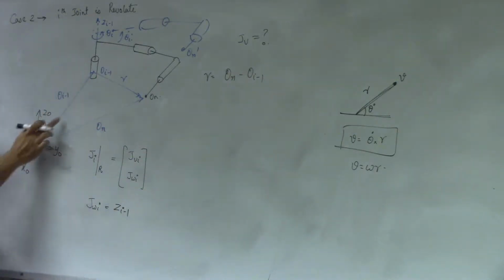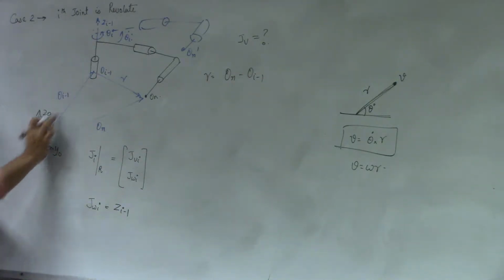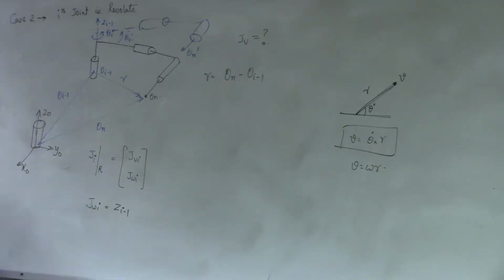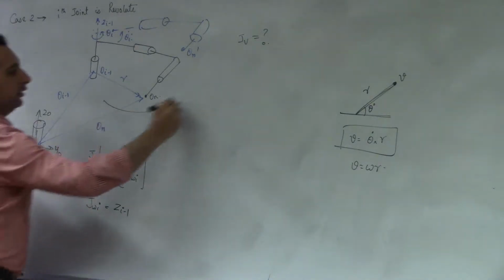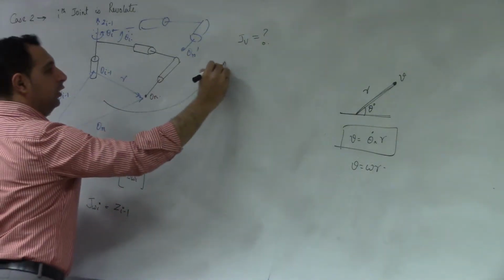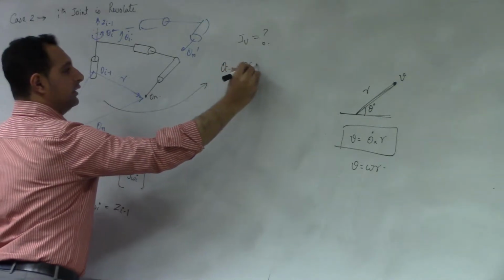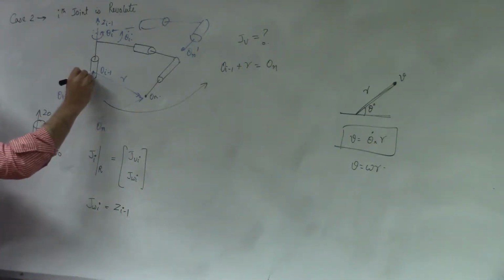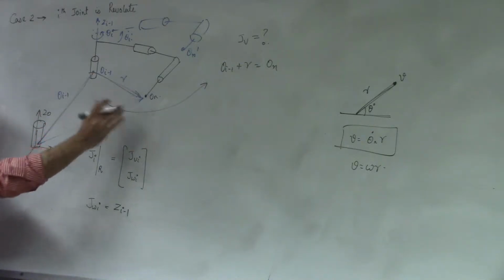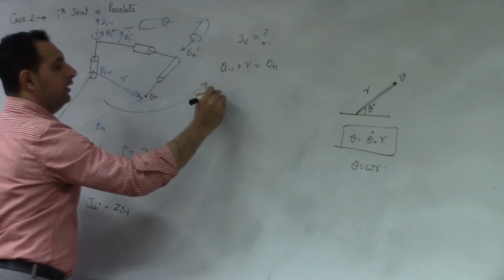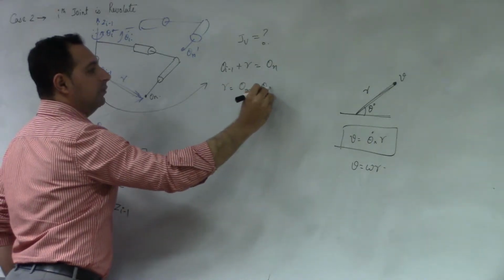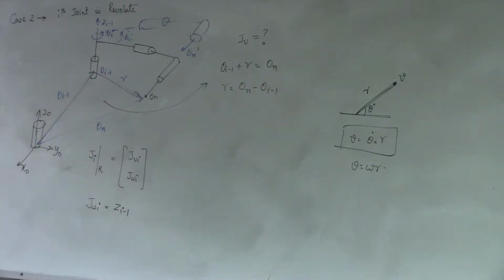Okay, this is vector subtraction. When you add this plus this, you get this. So if you look at this diagram here, let me write it like this. From here, you can say that OI minus 1 plus R is equal to ON. So I can write R as ON minus OI minus 1.